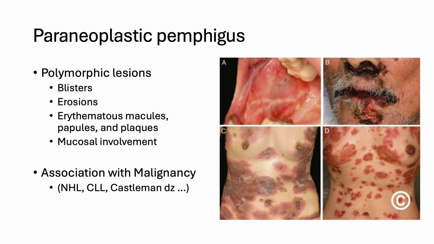It also can have mucosal involvement, just as we can see in the PV. And usually the patient, as the name implies, can have some systemic underlying malignancies. The commonly associated malignancies include non-Hodgkin lymphoma, CLL or CML, Castleman disease, thymoma, as well as some sarcomas.